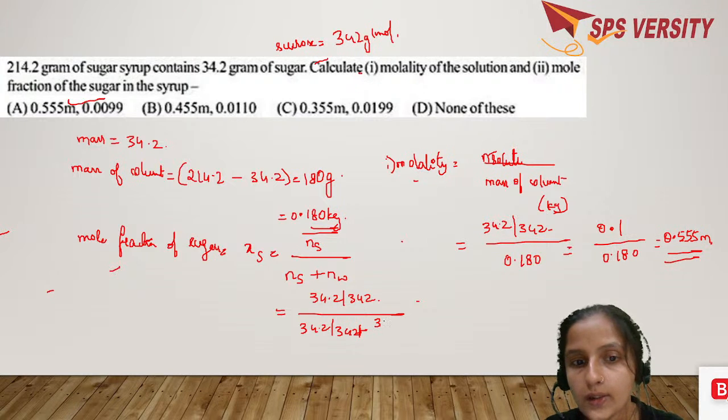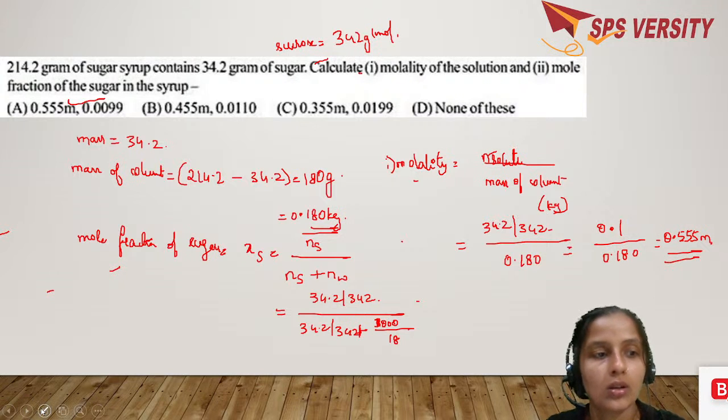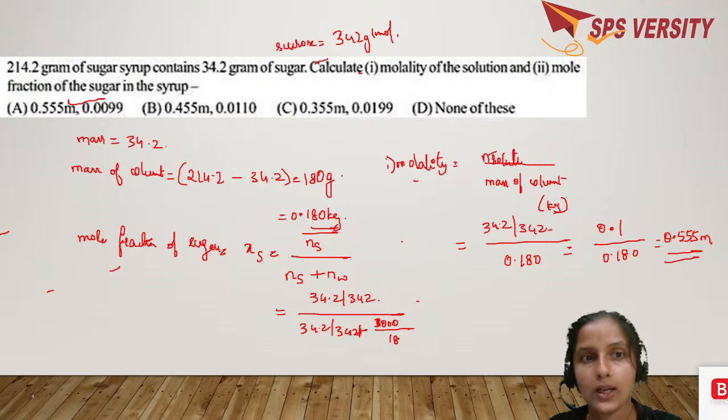The number of moles of water: the mass of water is 1000 grams divided by 18. No, they have given 180 grams, right?